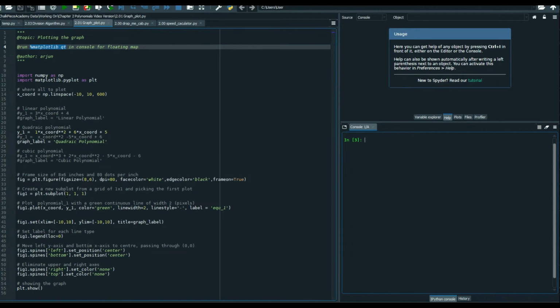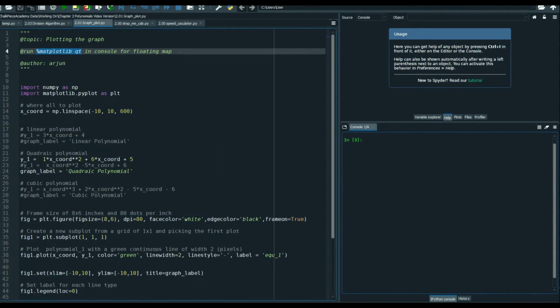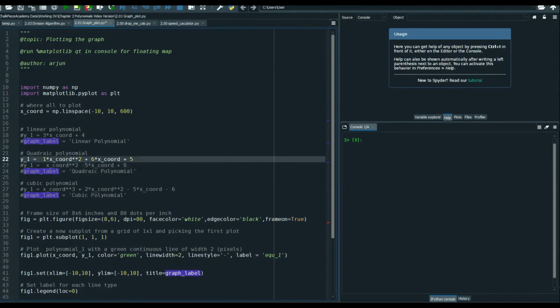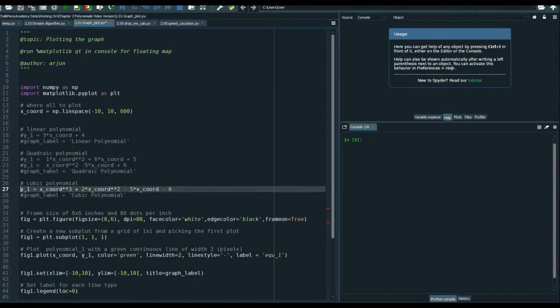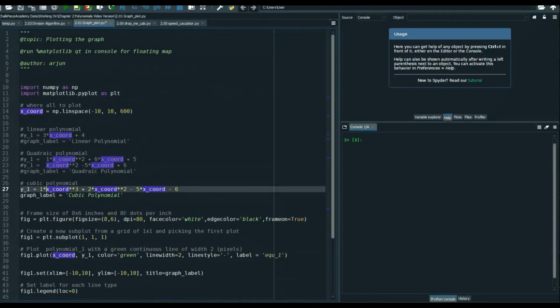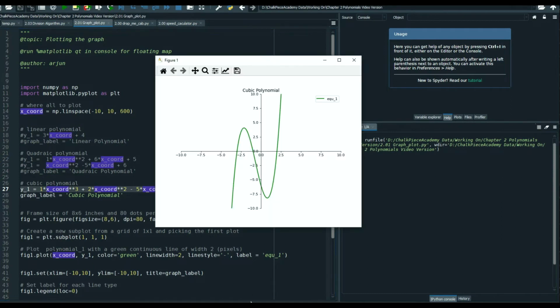So we have 1x cube, then we have 2x square, okay, 5x minus 6, yeah, it's the same one, right? Let's generate the graph, and we have the graph.